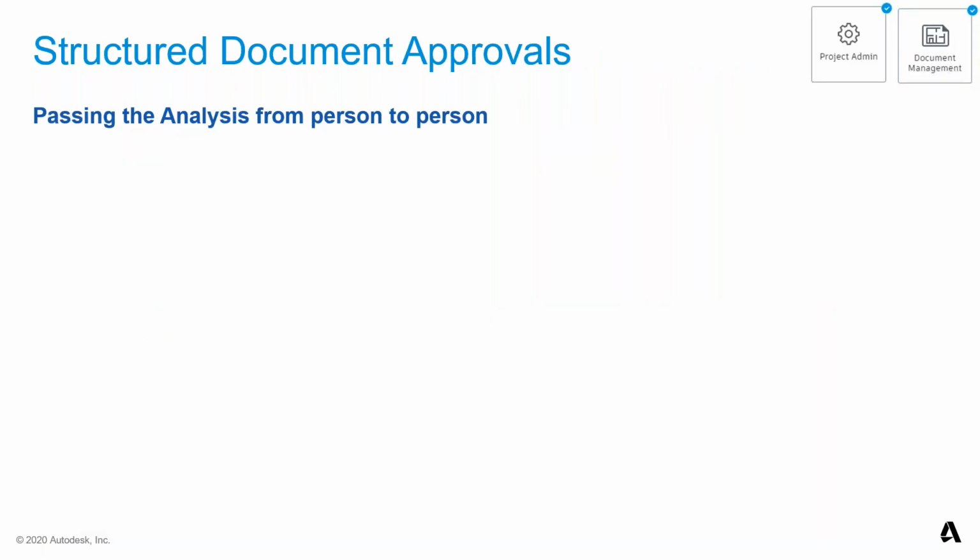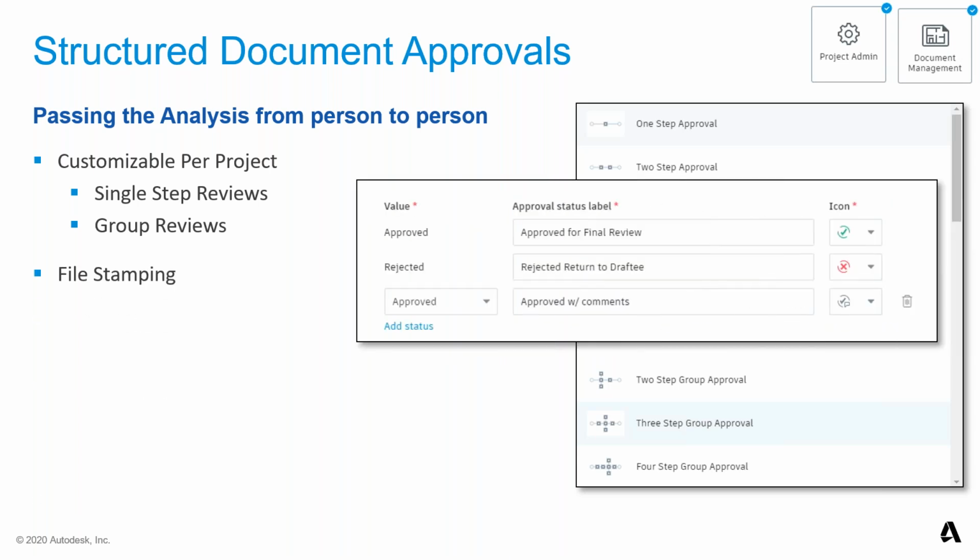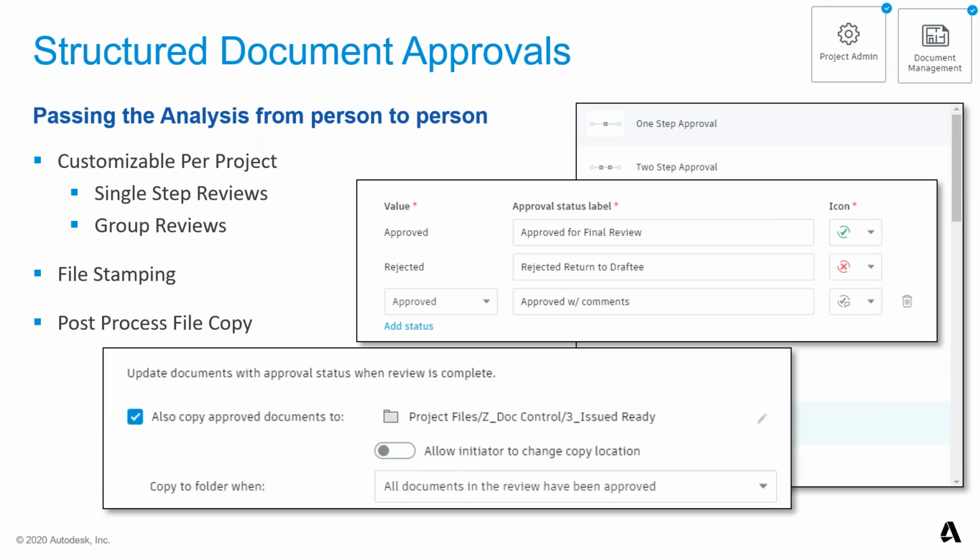Again, looking at the structured documents approvals, which is passing the analysis from person to person. From the project admin, and then the services, and then the reviews section of the BIM 360 administration, you can create approval workflows that allow specific users to be notified and to approve or reject models that may then be automatically copied to the coordination space within BIM 360 docs.